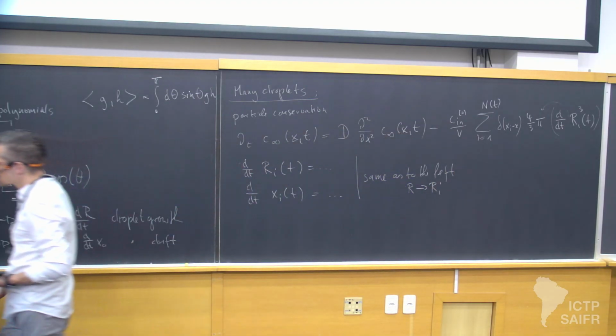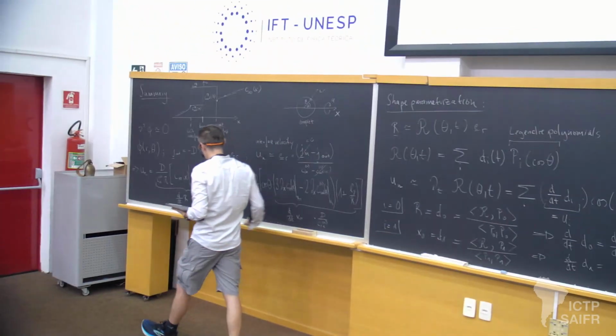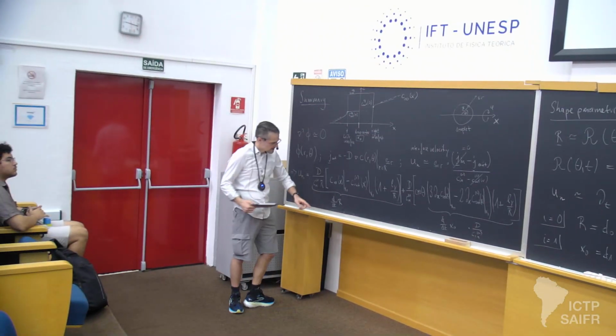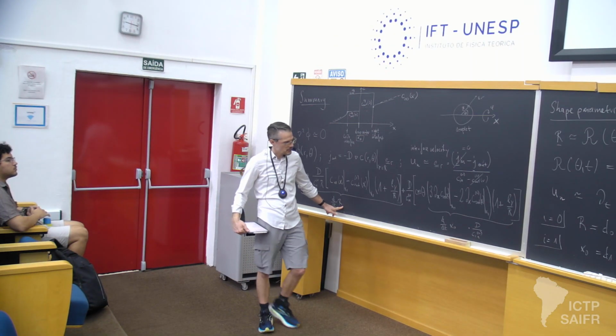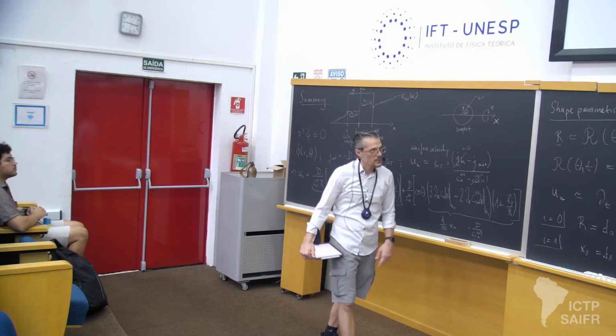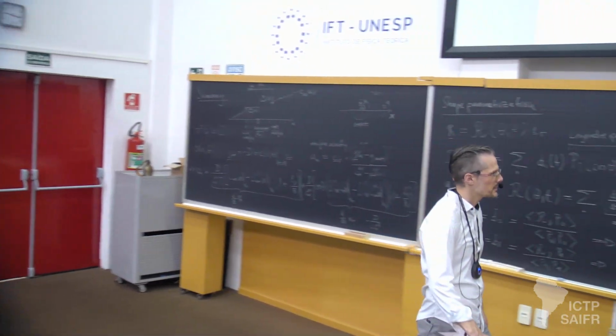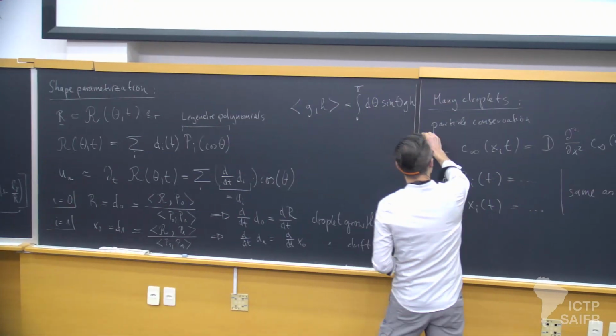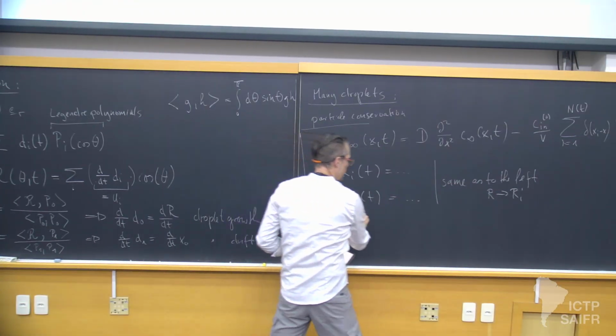So we write down the same equation that I wrote down here. The only difference is we add subscripts I here, because we don't have a single droplet anymore. So it's the same equation. This gives you a set of PDEs you can solve.